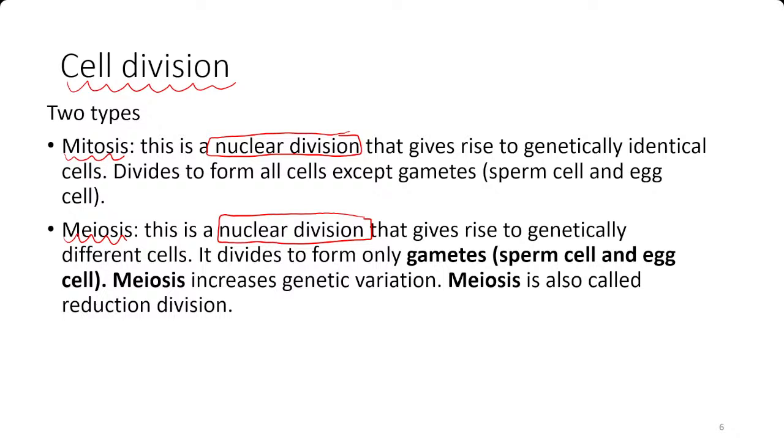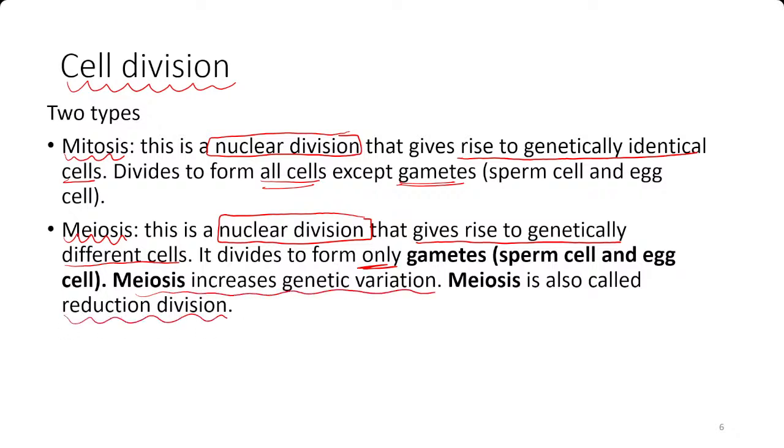But the difference is that mitosis gives rise to genetically identical cells, whereas meiosis gives rise to genetically different cells. Mitosis divides to form all types of cells except gamete cells, and meiosis divides to form only gamete cells. Meiosis increases genetic variation and is also called reduction division.